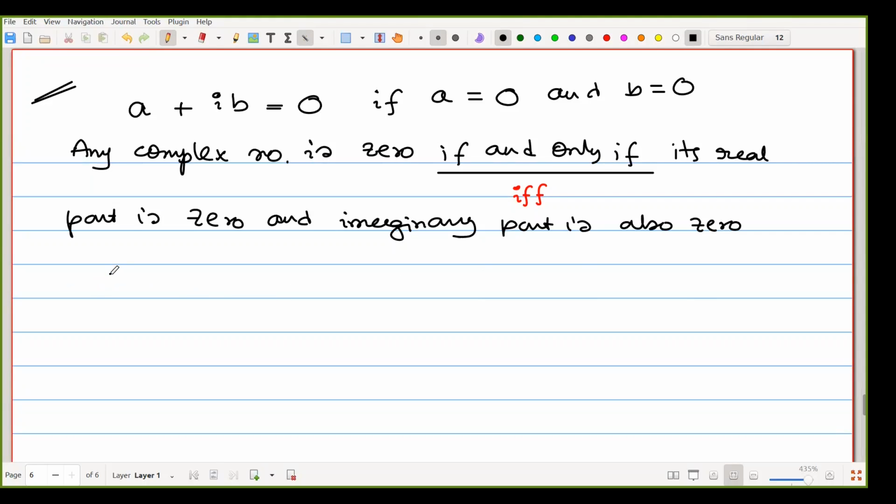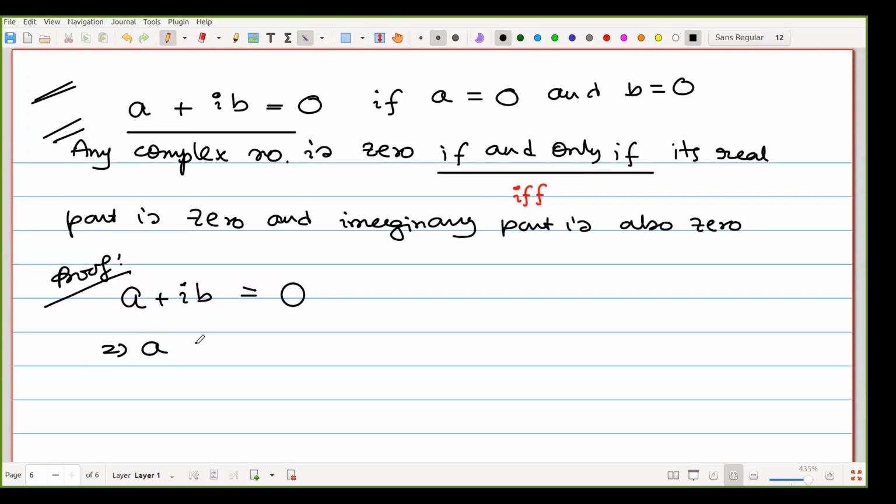So here, what is the proof? Practically, we have to prove that particular thing. So let A plus IB is equal to 0. Here we are thinking, so that means A is equal to minus IB. The plus IB from the left hand side has been taken on the right hand side. Now squaring both sides.